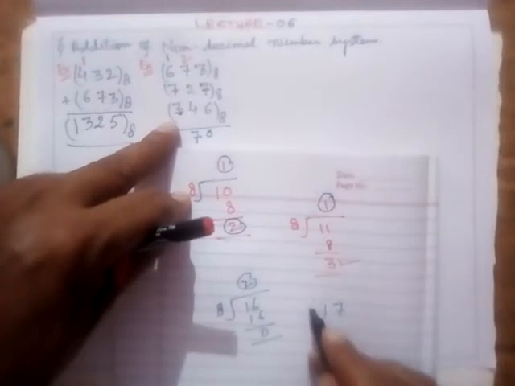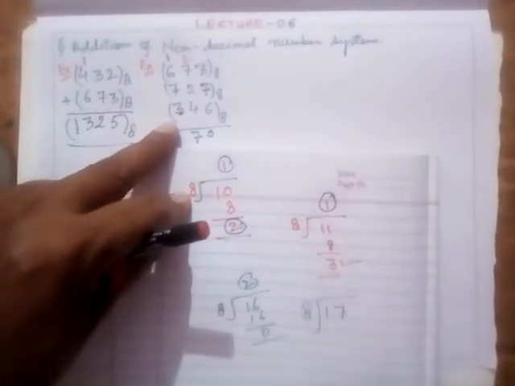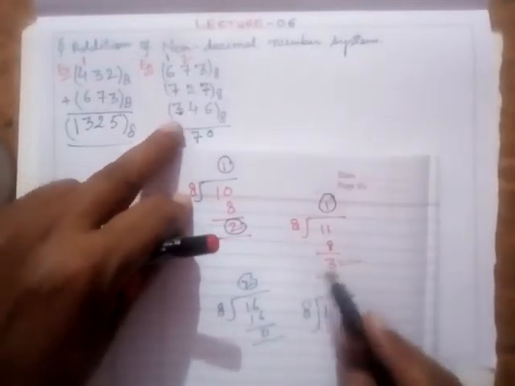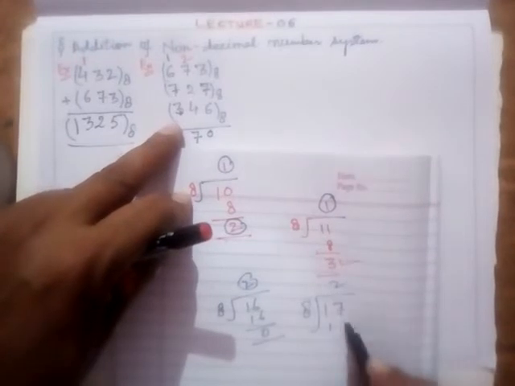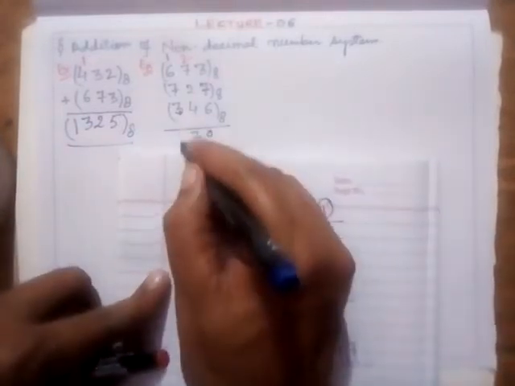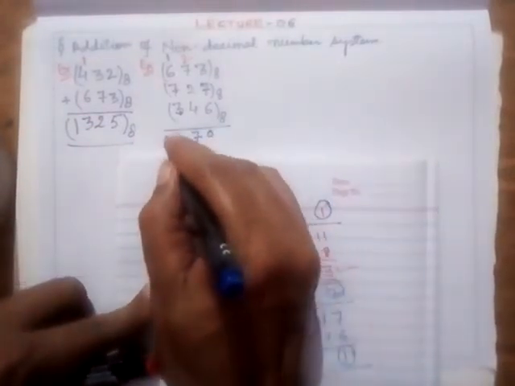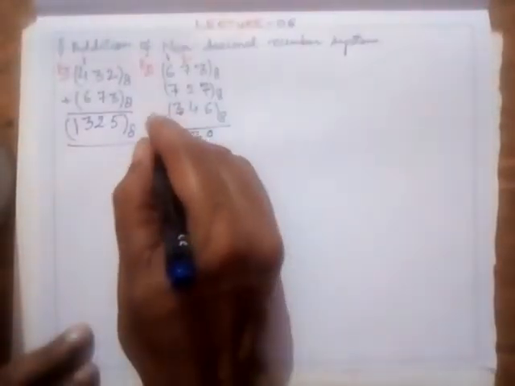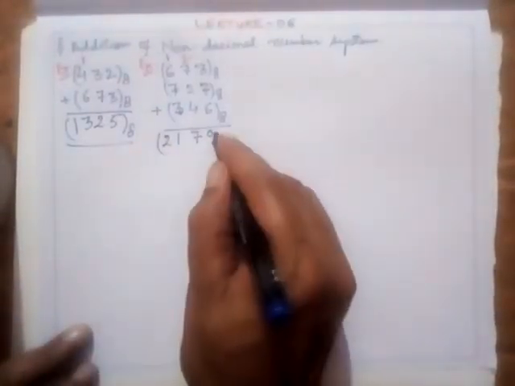I divide this 17 by 8. 8 twos are 16, and the remainder is 1. So I write this remainder here and 2 as carry. So it is 1, and this is 2 here. So this is my final result of addition of these three octal numbers.